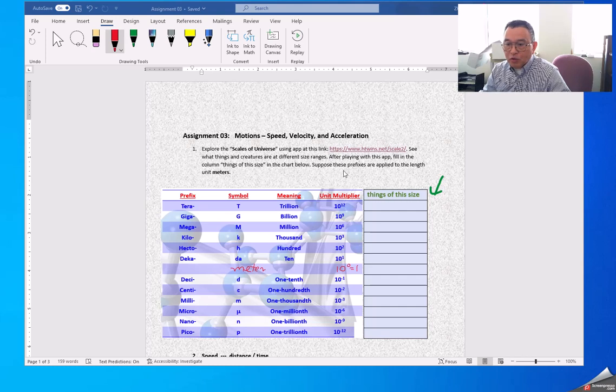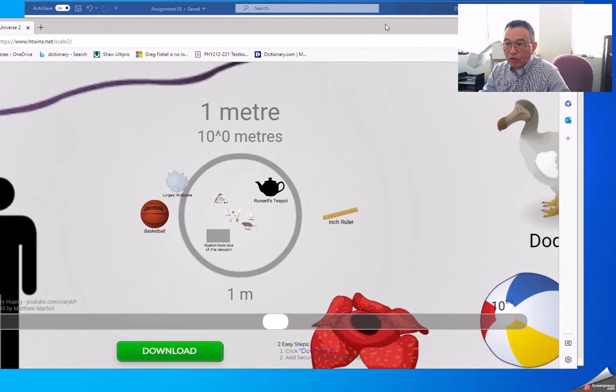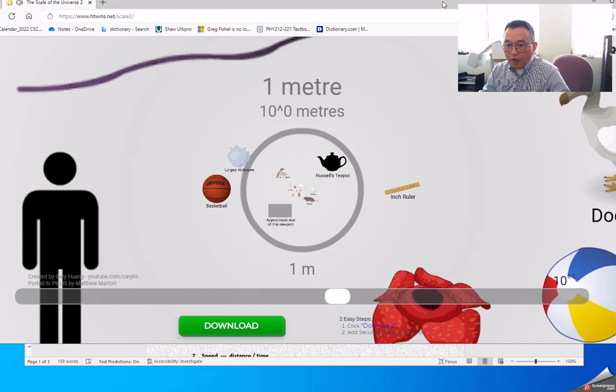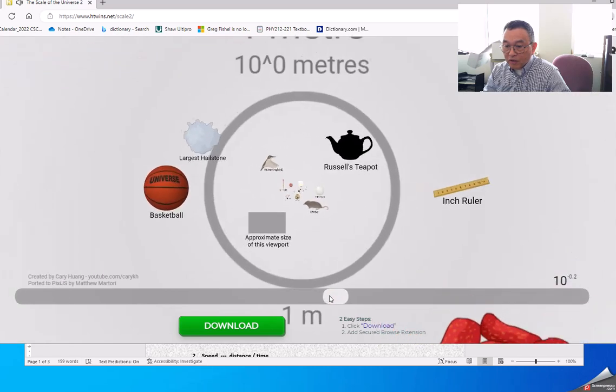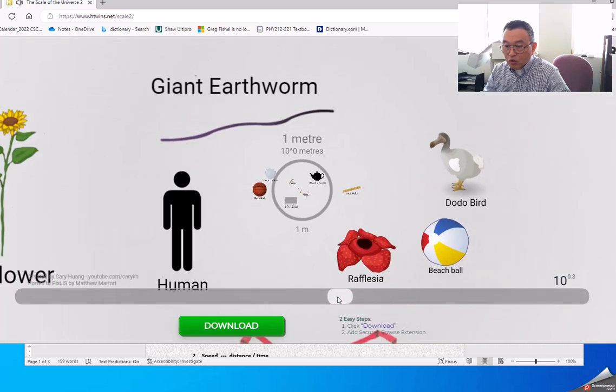For the first question, you will start from this link. If you double click this, it will bring you to this app. Start from 1 meter, and you can adjust this, zoom in or zoom out.